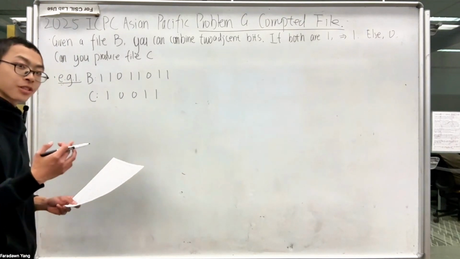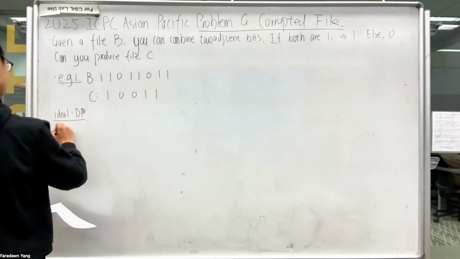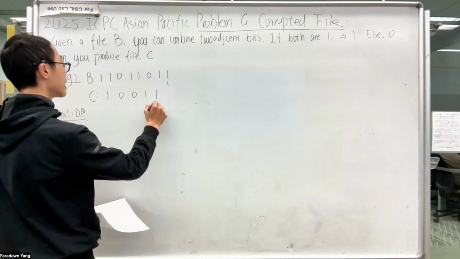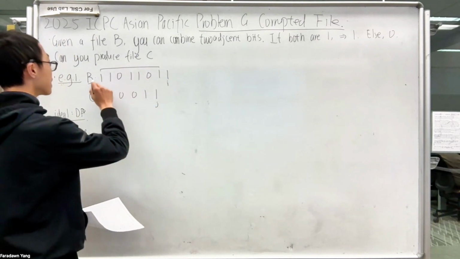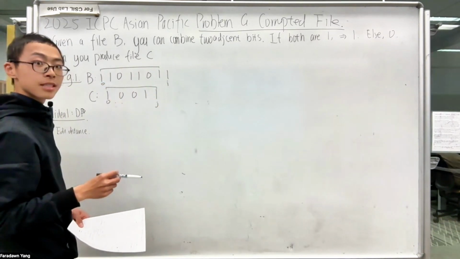What is an initial thought? Dynamic programming, such as edit distance, for index i and index j. Can we combine the segments of B from 0 to i into 0 to j in file C?